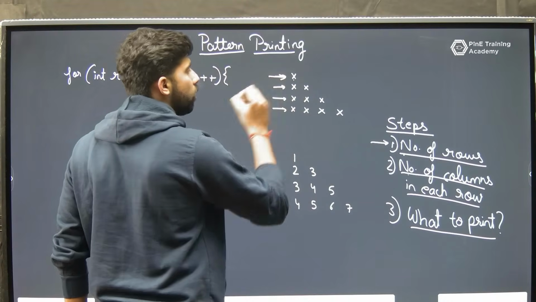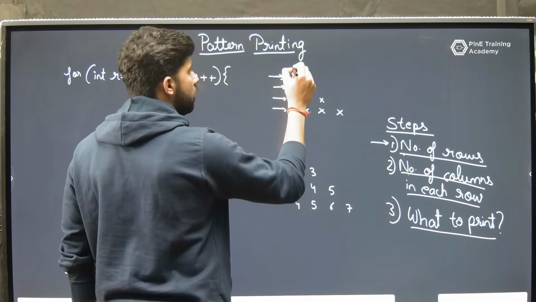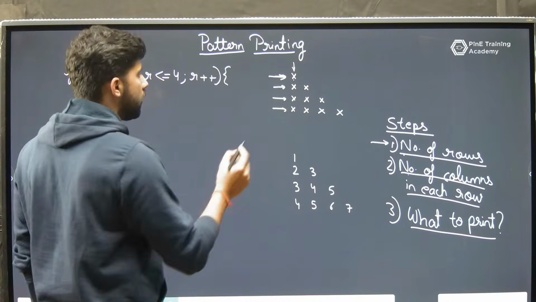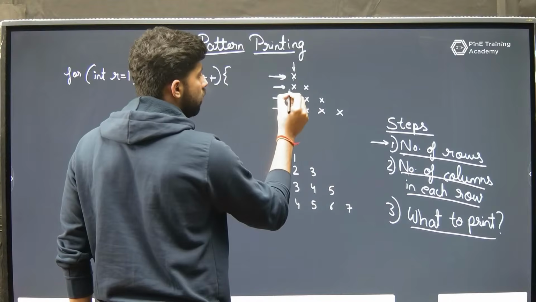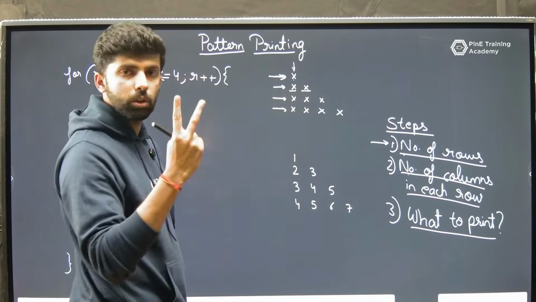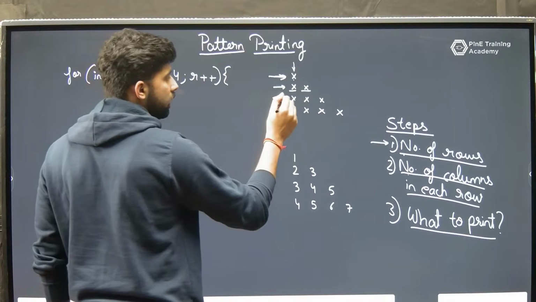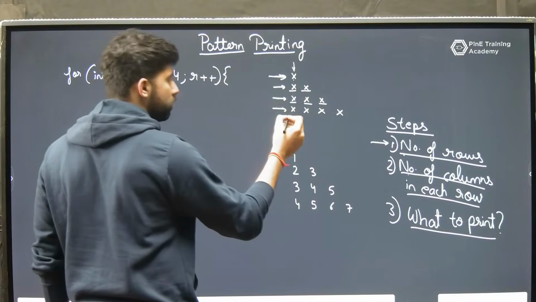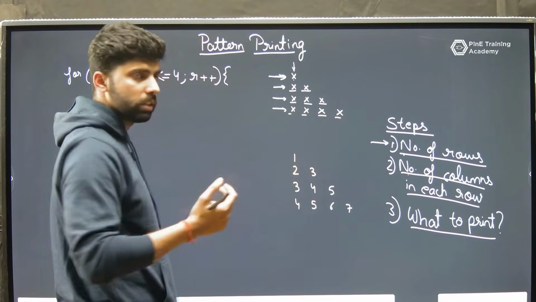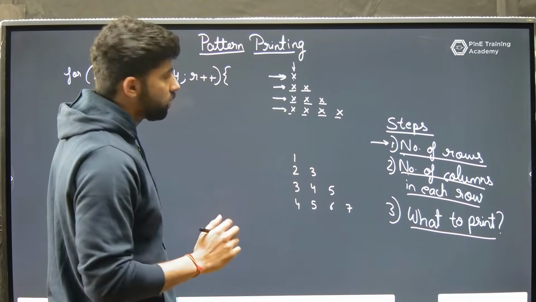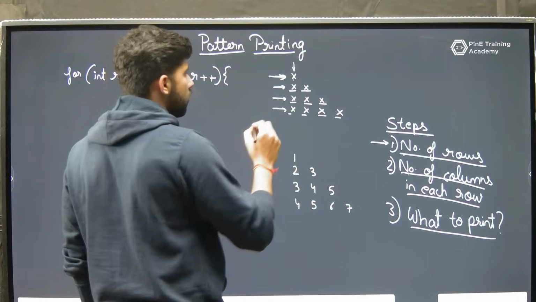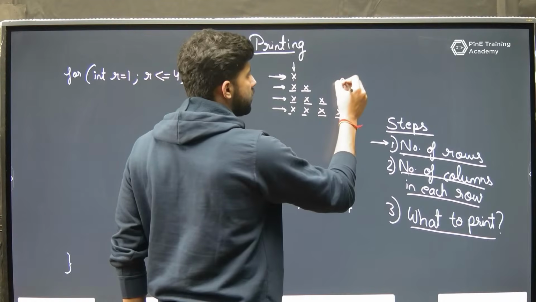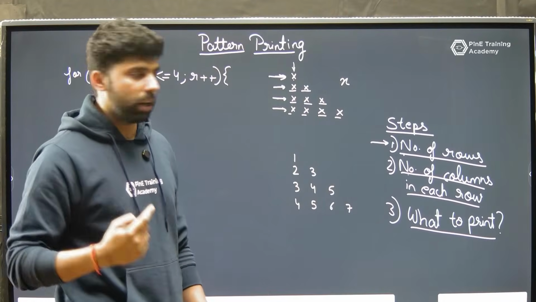In first row, we have one column. In second row, we have two columns. In third row, we have three columns, and in fourth row, we have four columns. Right? So if the number of row is x, x can be 1, 2, 3, 4.